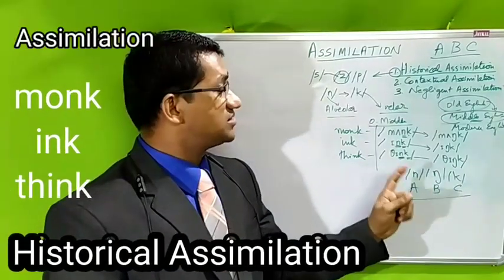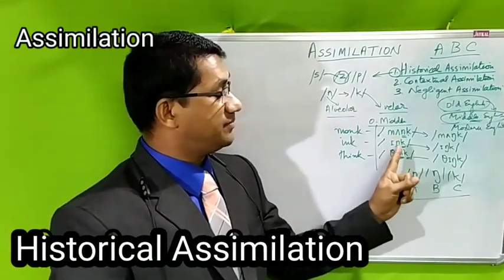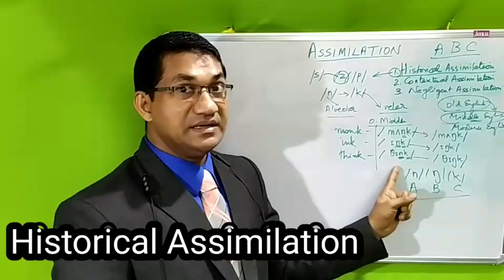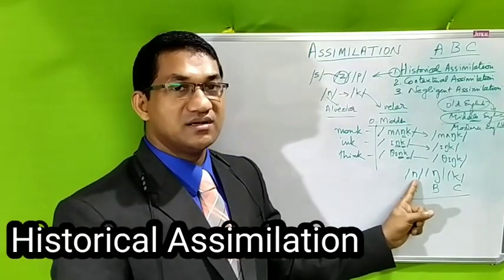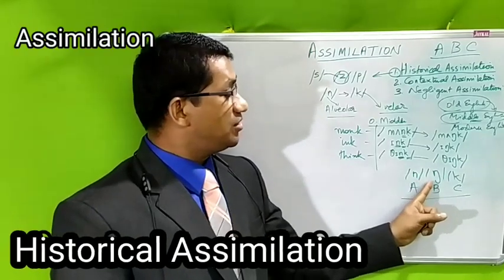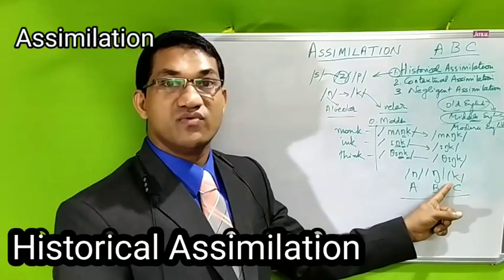It's very easy to understand. The alveolar n in monk, ink, and think are replaced by the velar n because the next phoneme is velar.